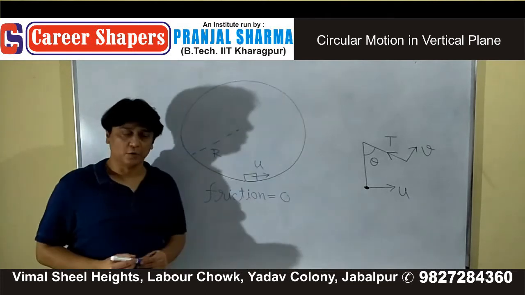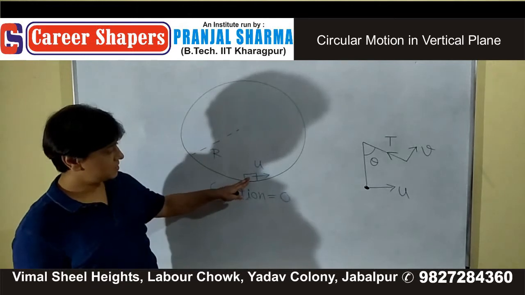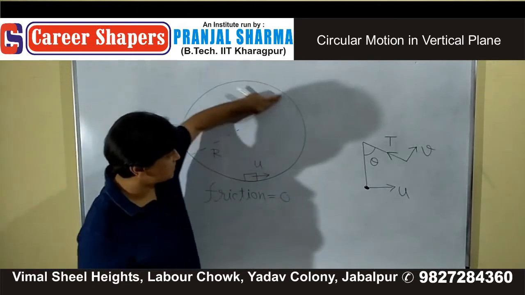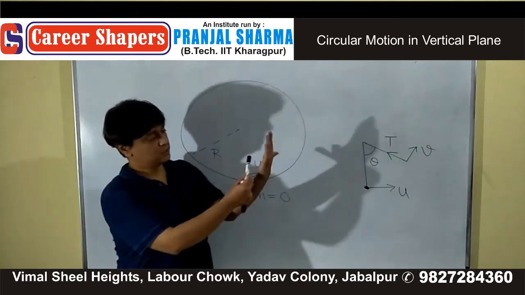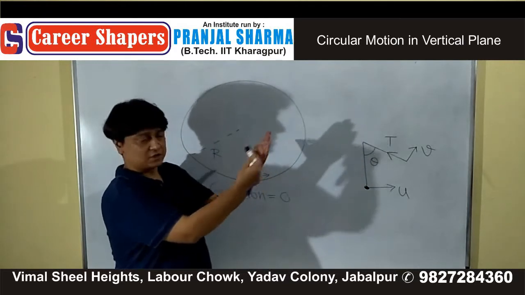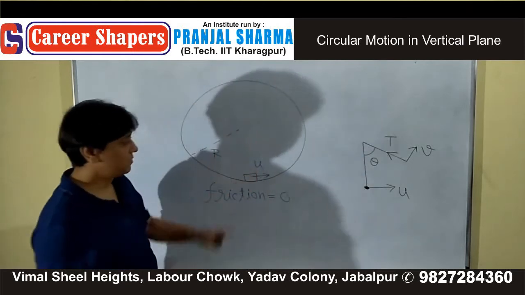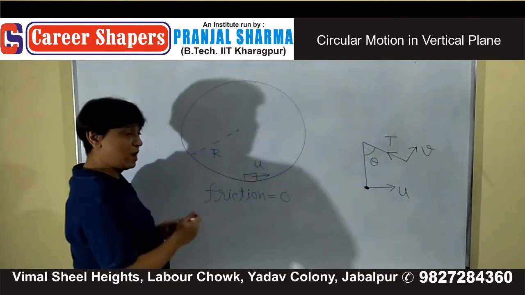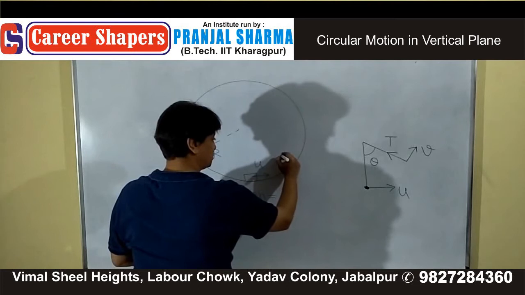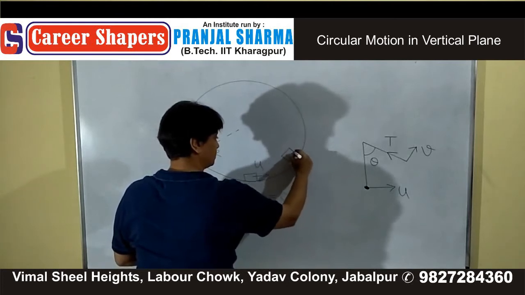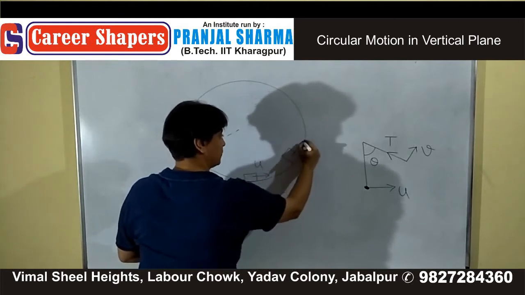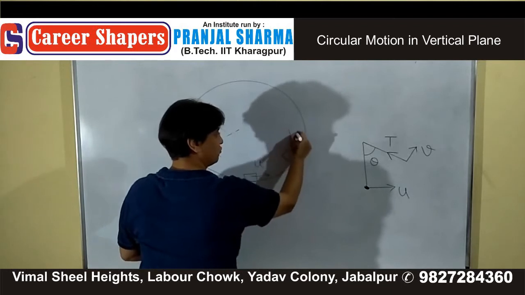Friction is 0. When this object slides along the internal walls like this, if this is the internal wall, then the object is sliding like this. In that case, when the object is at this position, its velocity is again the same v.